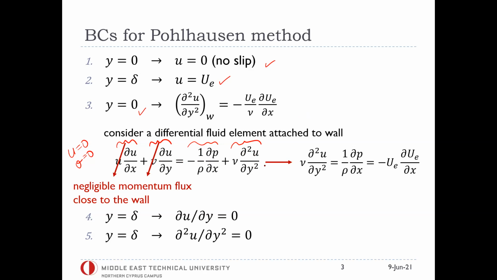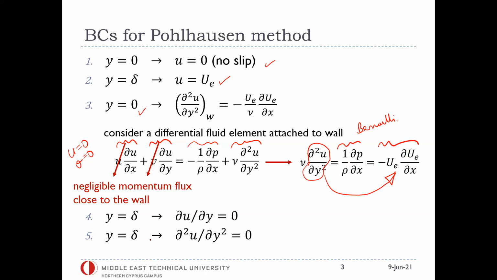It says that you cannot just assume a random fourth order polynomial. If you take the second derivative of your assumed function, it must be equal to 1 over rho dp dx, or, we know that from Bernoulli, we discussed it in the previous hour as well, minus ue times due dx. So this second derivative of your assumed function must satisfy this condition at the wall. So this is also another boundary condition that the assumed function must satisfy.